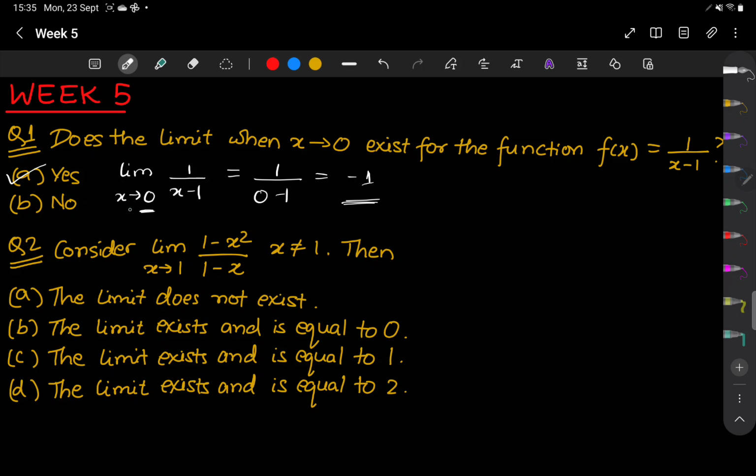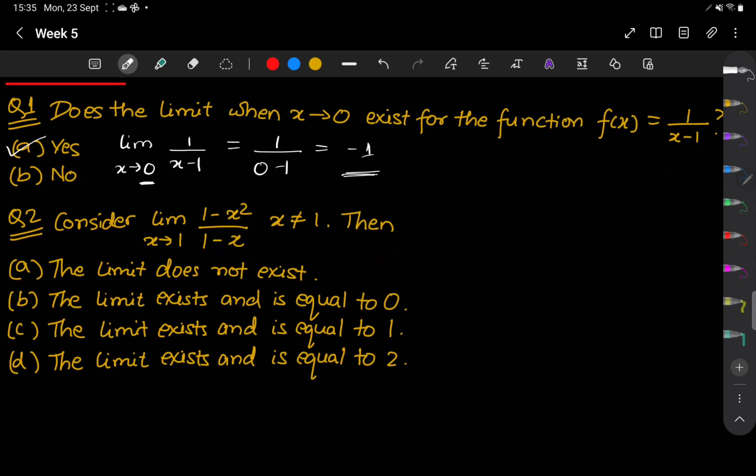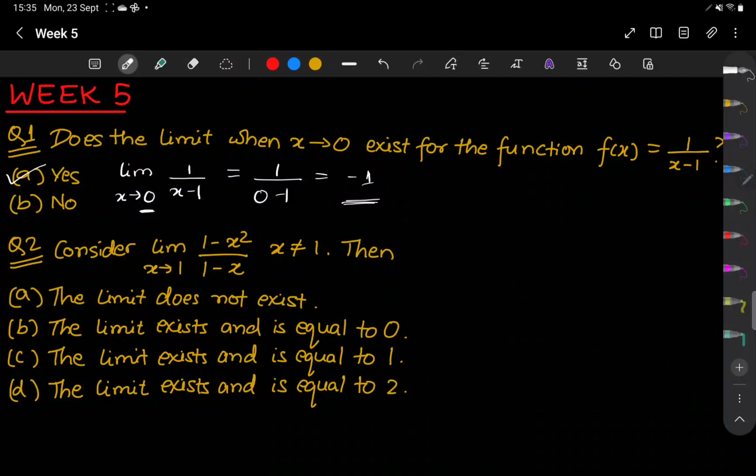For example, if this had been x tending to 1, then you cannot substitute the value, because 1 minus 1 in the denominator will become 0, and 1 over 0 will be an undefined form, indeterminate form, so to say. So that's what you need to keep in mind before just directly plugging in the value for x.